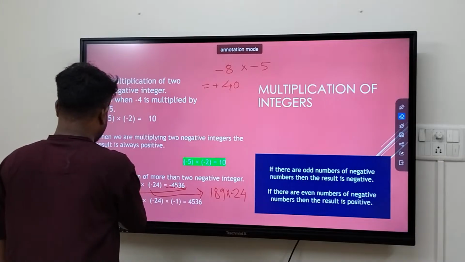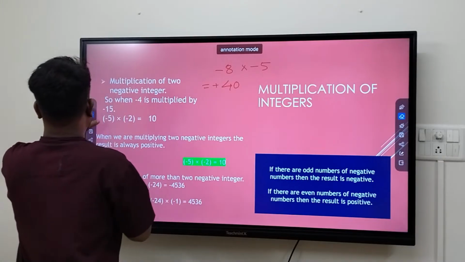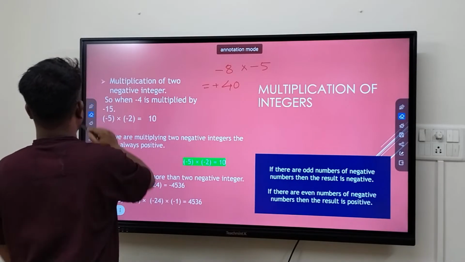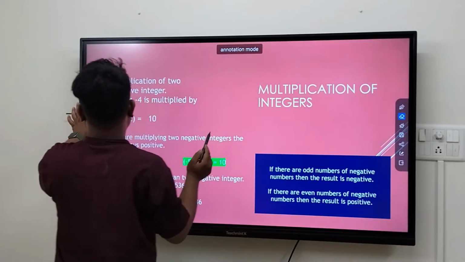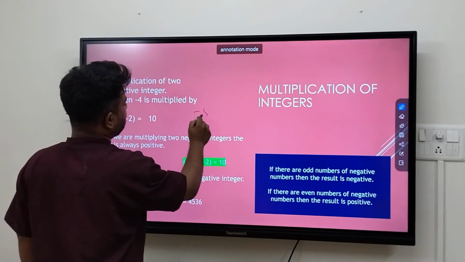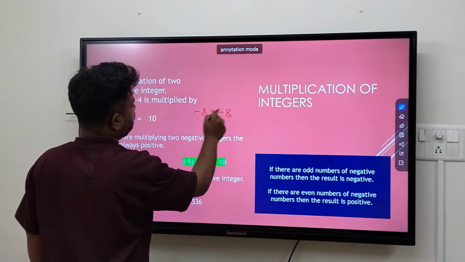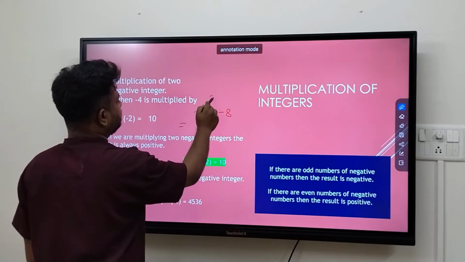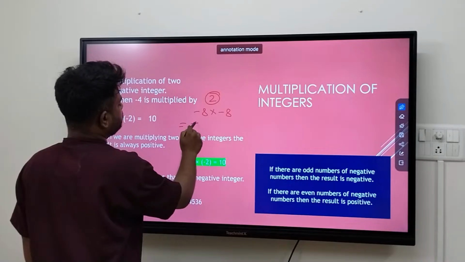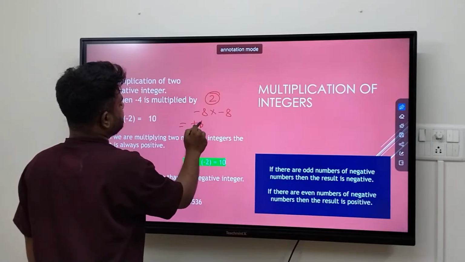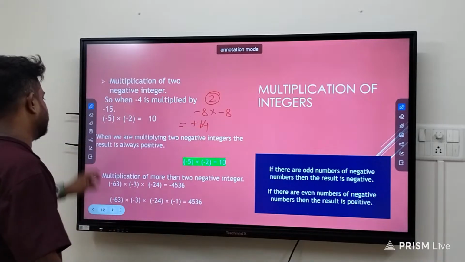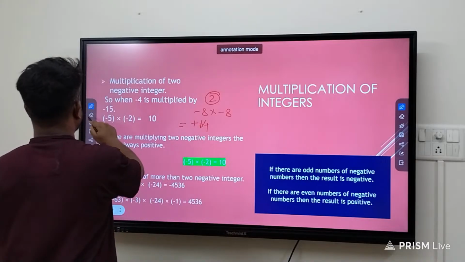Okay. So this is actually, if we are multiplying two negative numbers, which is even, so the result will be positive. Okay, or the sign will be positive.